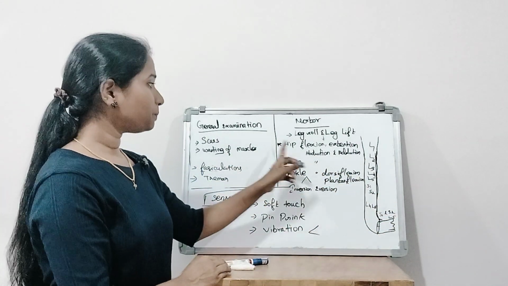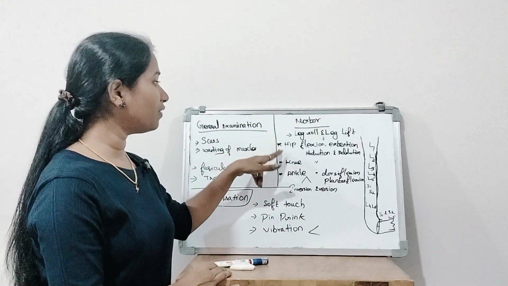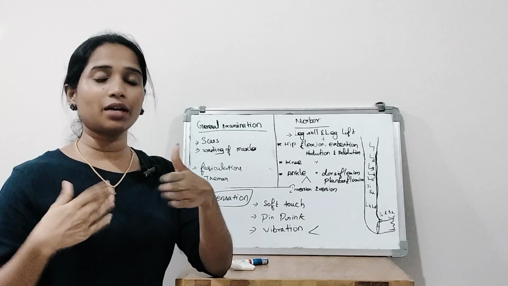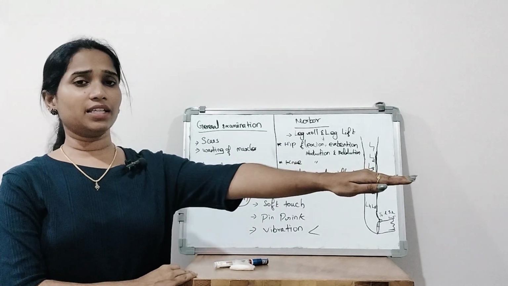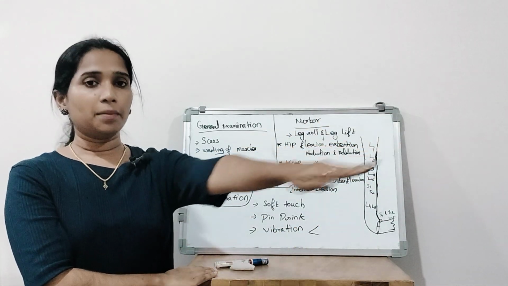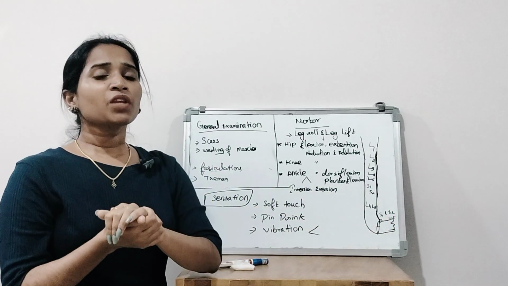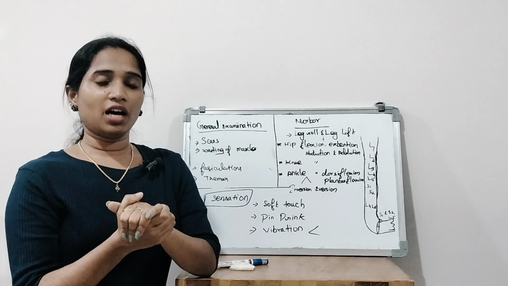After completing the leg roll and leg lift, you should come to hip flexion, extension, abduction and adduction. Ask the patient to extend their hip and you do flexion, extension, abduction and adduction.